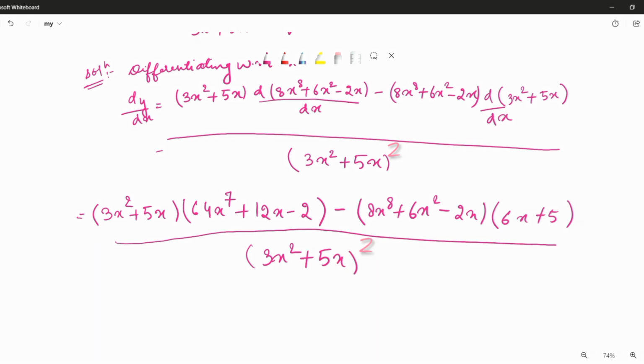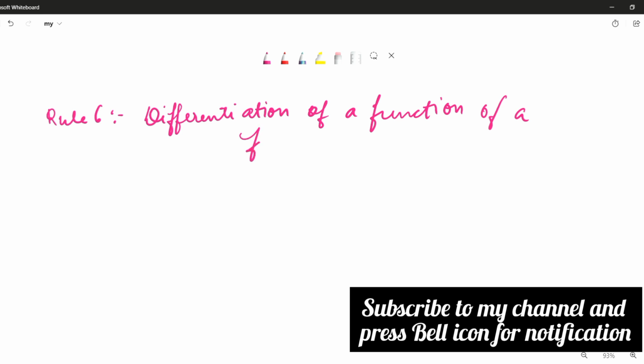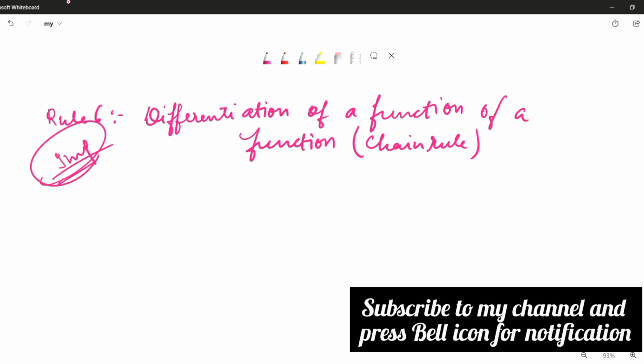Now let's move on to the next rule, rule number 6, differentiation of a function, that is also known as chain rule. This rule is very important and you will surely get questions related to this rule.